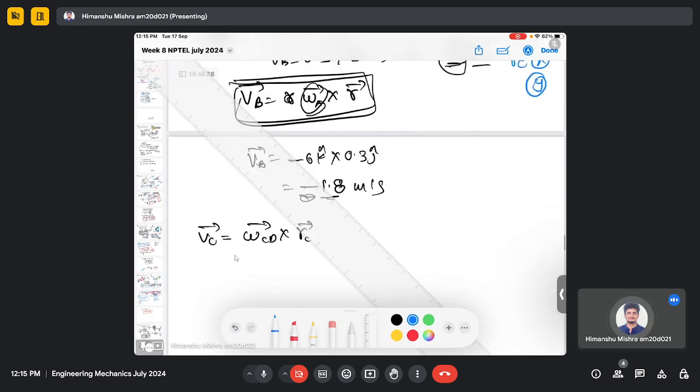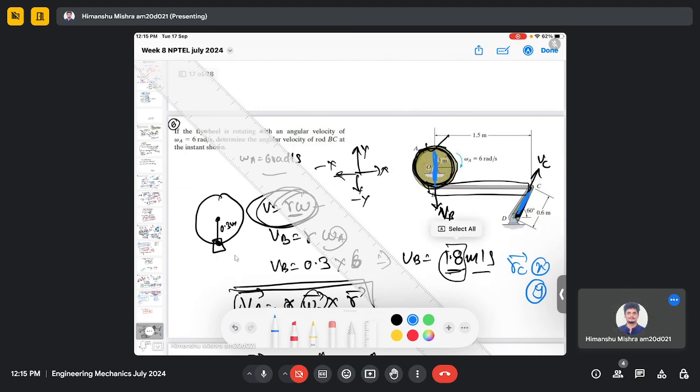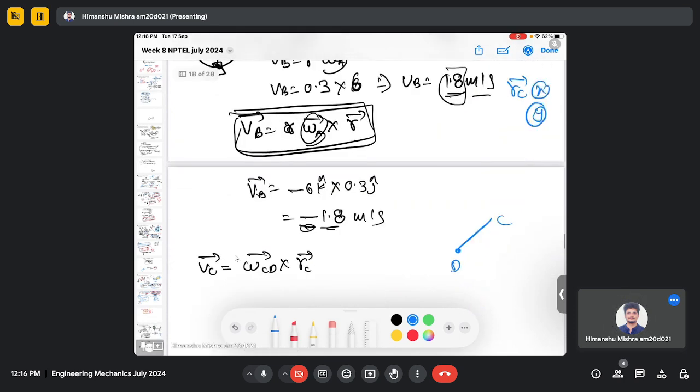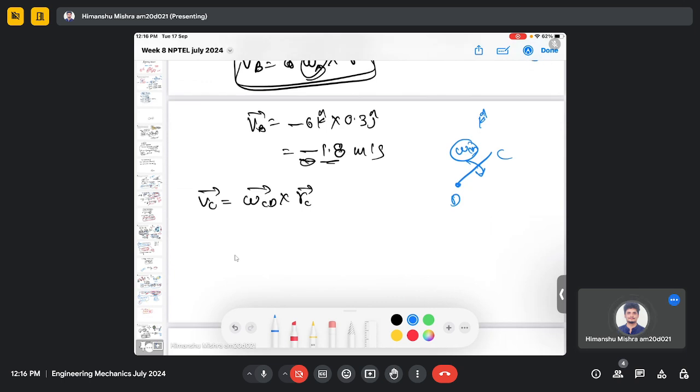So omega CD is again in the kth direction, because if this is my rod CD rotating with omega CD, the component of omega will be coming out of your screen, which is the kth component. Okay, so it is moving counterclockwise, which means it is omega CD k cap cross product with RC.